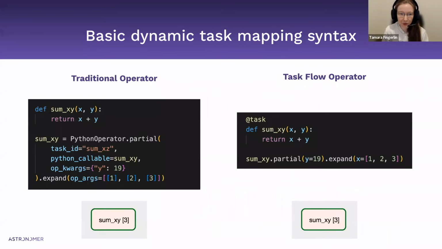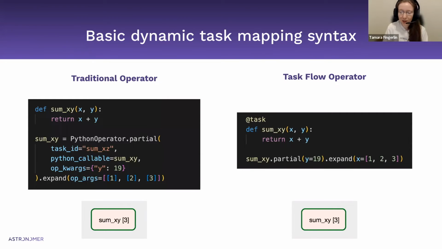Okay, putting this all together, we get the basic syntax of dynamic task mapping. I here put the traditional operator and the TaskFlow operator side by side, also as a little plug for the TaskFlow API. You can see those tasks do the exact same thing, but the TaskFlow API is a lot leaner and I think easier to read.